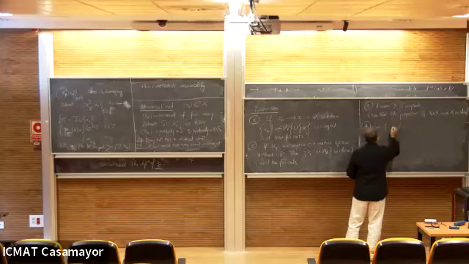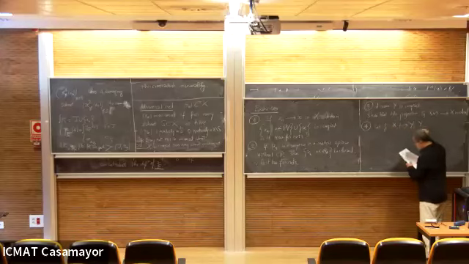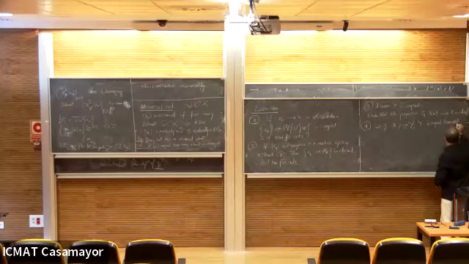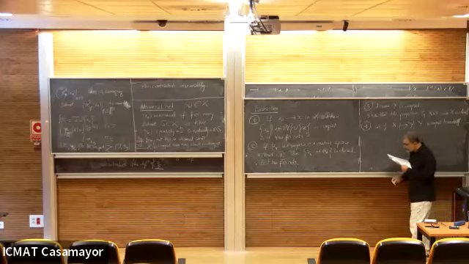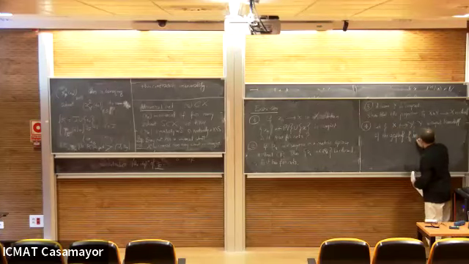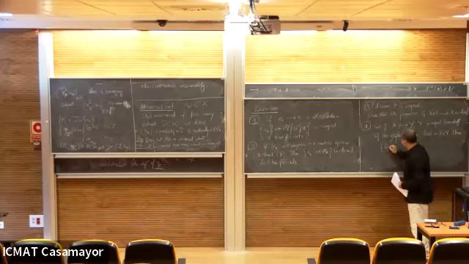Now we take f from X to Y, and we assume that Y is compact and Hausdorff. If the graph of f is closed in X cross Y, then f is continuous. The statement is true.